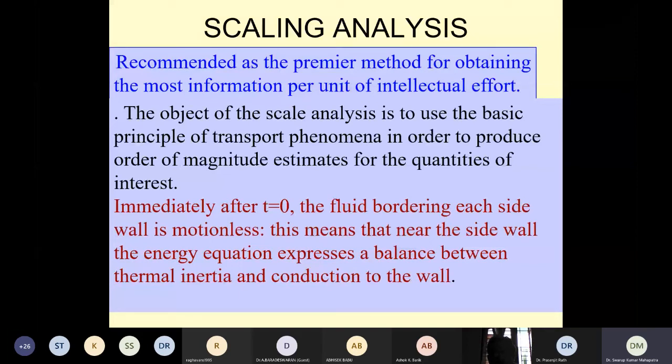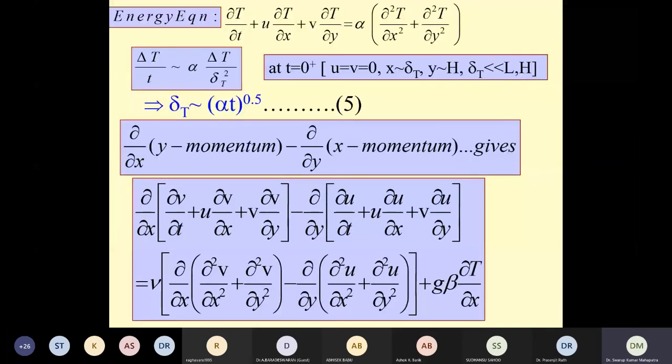I am saying here, in this particular energy equation, you might have seen the first two terms. When you compare them in the scale analysis, when the motion hasn't started, u and v remain 0. Therefore delta T upon t is on one side, and on the right hand side, alpha times del square T upon del x square and del y square.